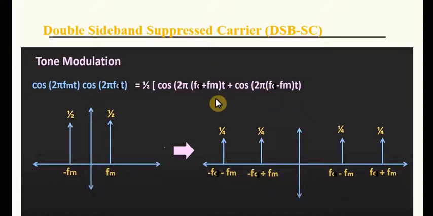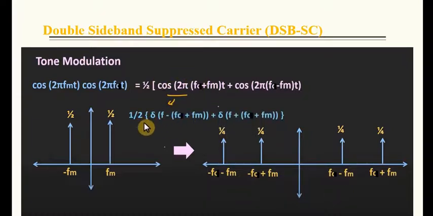So try to find now the Fourier transform of this cosine and this cosine as well, and then plot it to visualize the spectrum of this signal. So for this, it will have half delta of f minus fc plus fm plus delta of f plus fc plus fm. So this is for this cosine.